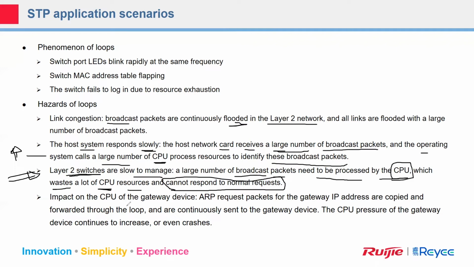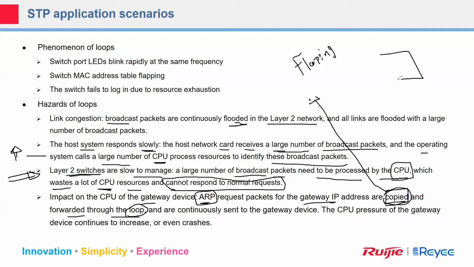The impact on the CPU of the gateway device. The ARP protocol, the Address Resolution Protocol, request packets for the gateway IP address are copied and forwarded through the loop, because it's actually a loop. So it's copied from different sources to the same destination. That's exactly the MAC address flapping.